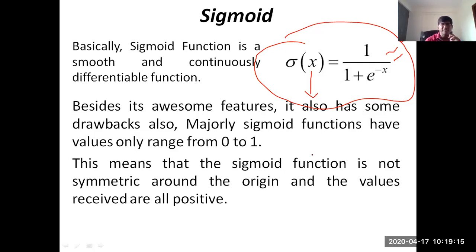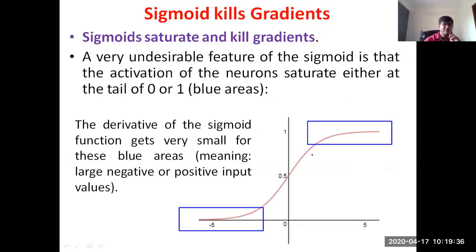As far as the values are near 1 or positive, it does fairly well, but the problem is when the values are negative. We are not able to center the inputs or the errors at the origin, so they are not symmetric around the origin, and that is one of the disadvantages of using the sigmoid function.